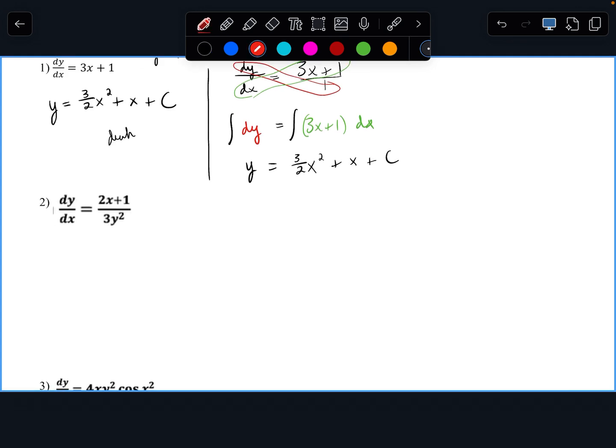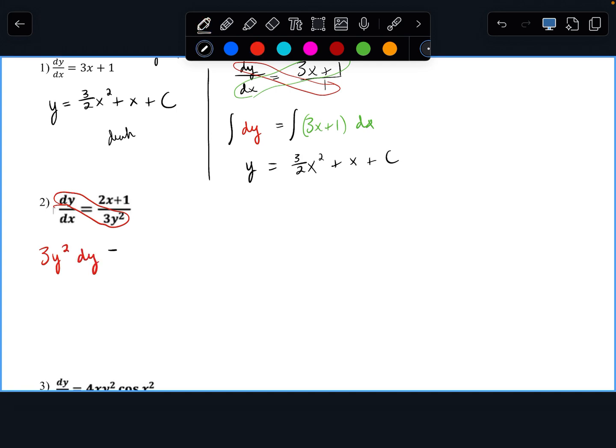Anyway, for this one, your y is in there, right? So compared to number one, which is easy, just a straight up antiderivative, because you've got y in there, you're going to do separable equations. I usually put y always on the left just to be safe. That's just my plan.